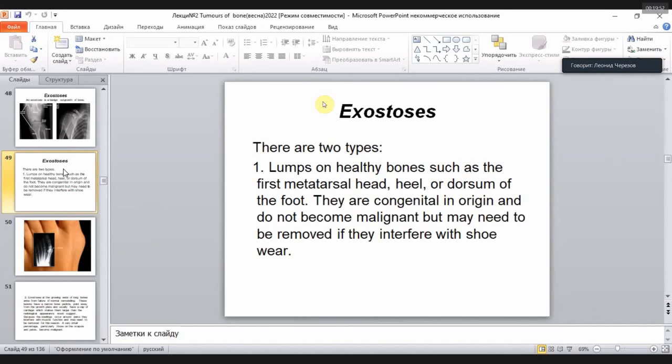They are congenital in origin and don't become malignant, but may need to be removed if they interfere with shoe wear.